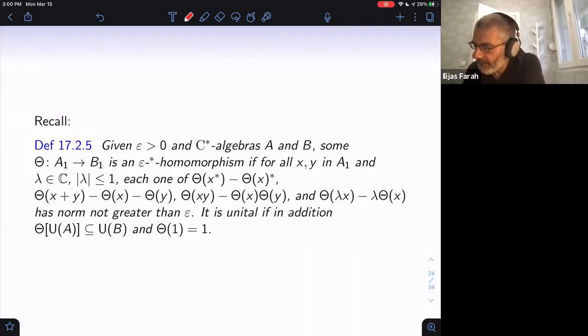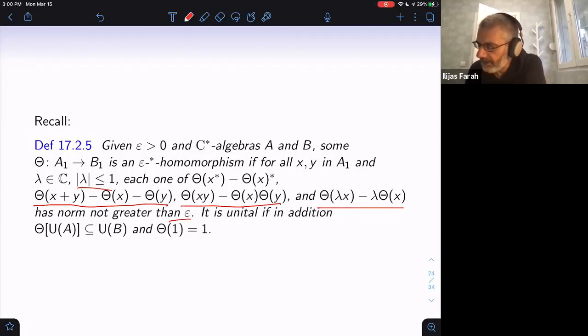Given epsilon greater than 0 and C-star algebras A and B, some theta mapping unit ball to unit ball is an epsilon-star-homomorphism if for all x, y in the unit ball of A and for all scalars of absolute value at most 1, each one of the obvious expressions, the one corresponding to addition, one corresponding to multiplication, and finally one corresponding to multiplication by scalar, has norm not greater than epsilon.